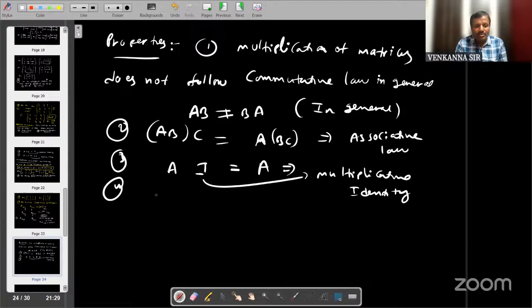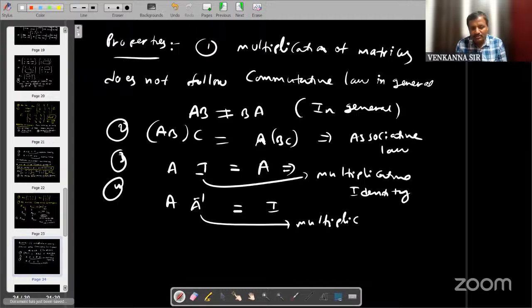Fourth, matrix A is there; to get the I matrix, which matrix is to be multiplied? Inverse. This is called the multiplicative inverse. So these are the properties of addition and multiplication of matrices.